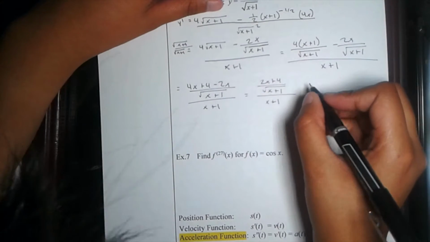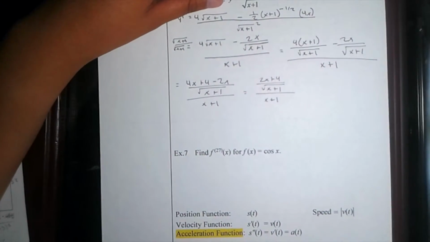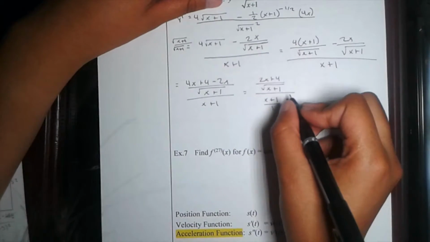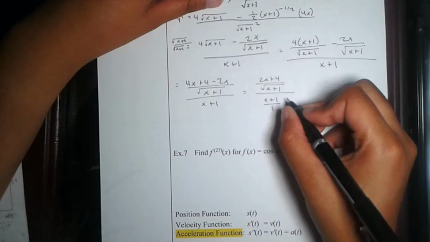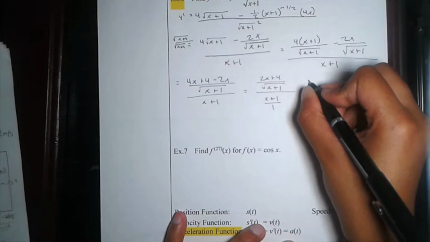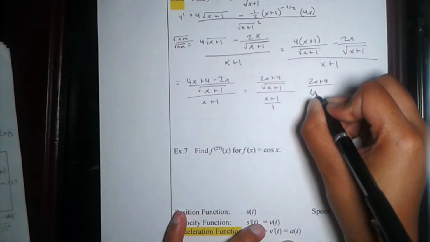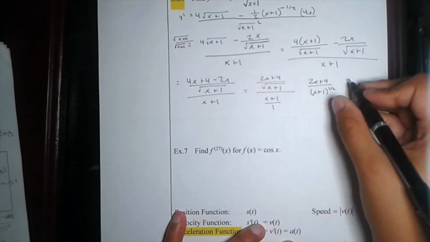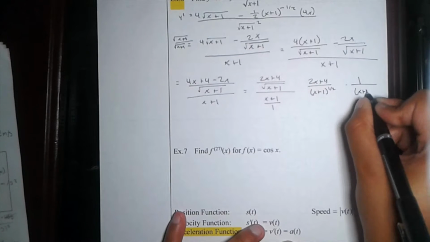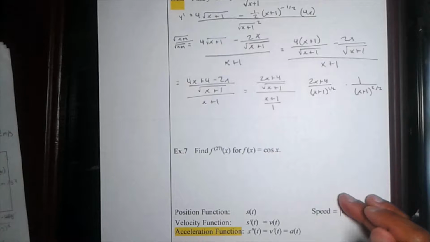And then after that part, you can solve the thing as a whole, and x plus 1 on the denominator is really x plus 1 over 1, and if you just multiply the fractions together, so 2x plus 4 over x plus 1 to the 1/2 power times 1 over x plus 1 to the 2 over 2, which is y just to the first power.